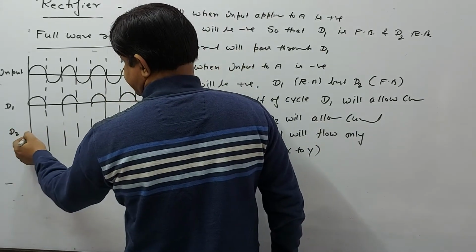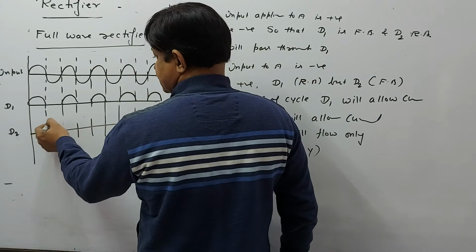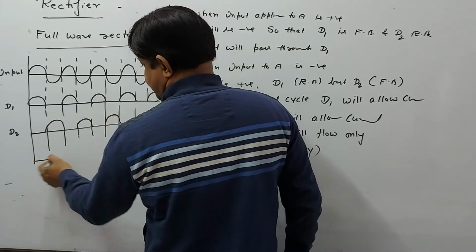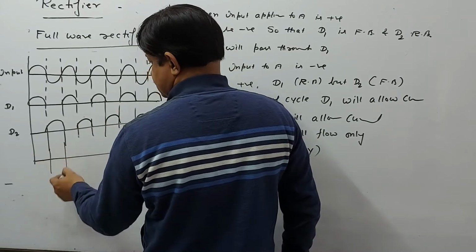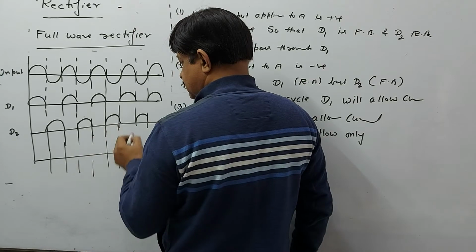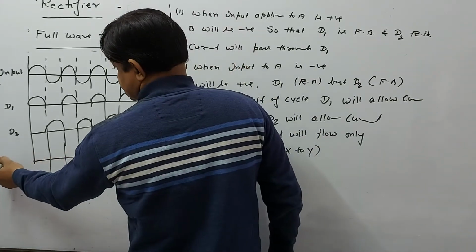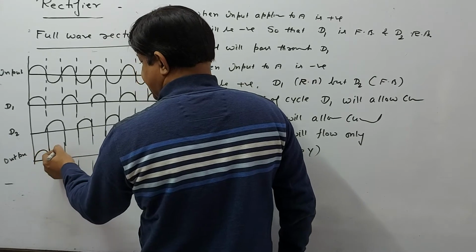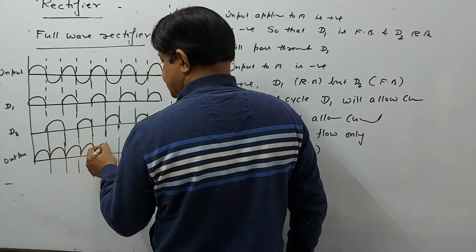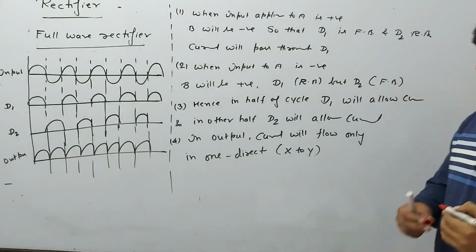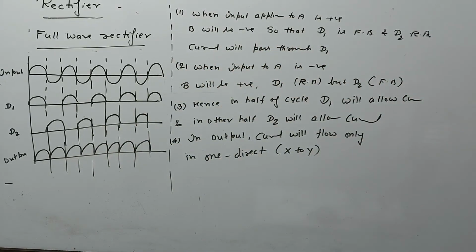D2, output. सब एक ही तरफ. This is how you will get the full wave rectification.